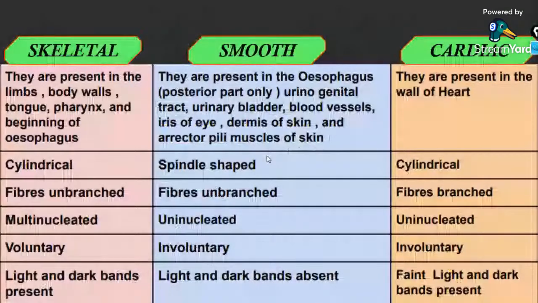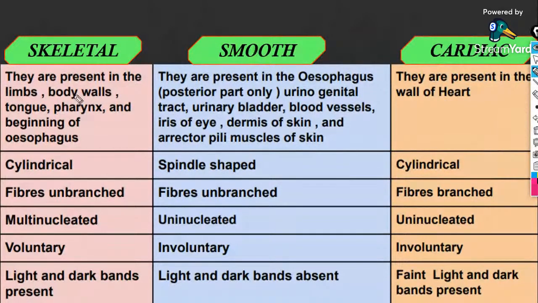Let's have a quick recap on what we have learned so far about the differences between the skeletal, smooth and cardiac muscle, which marks the end of today's session. So first, let's discuss some of the differences. Read along with me so that it will be easy for you.